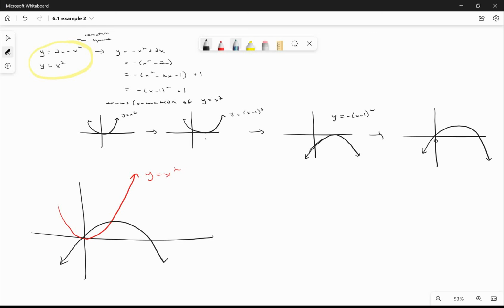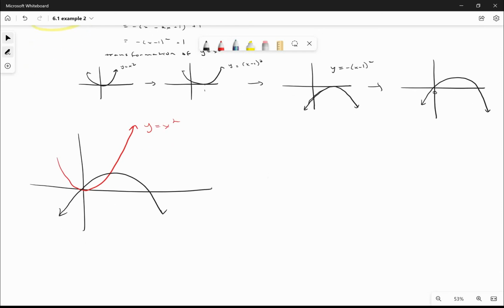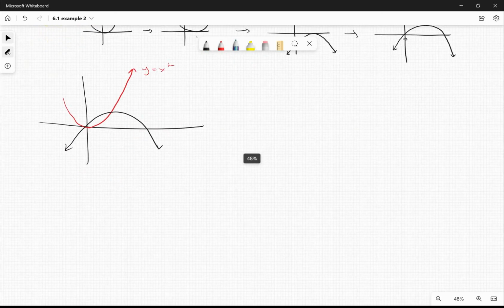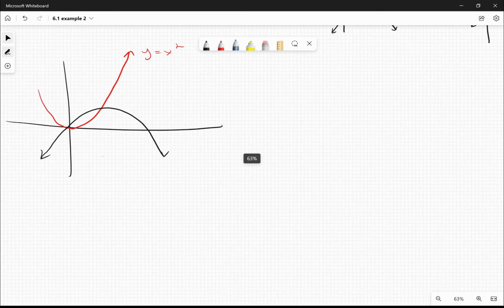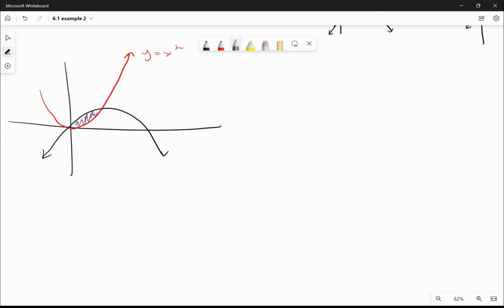So this is our region right in here. Let's make it a little bit bigger. Right, so this is our region here, and our top function is the function y equals 2x minus x squared, right? So we say we have yt is equal to 2x minus x squared, and yb is equal to x squared, right?